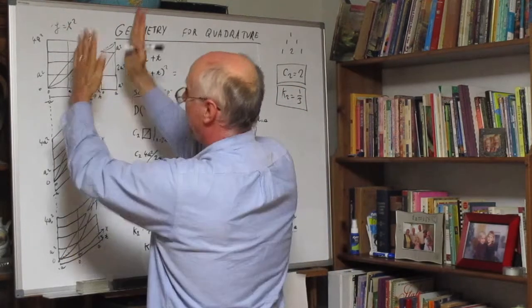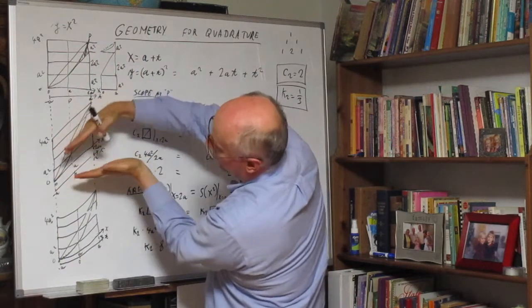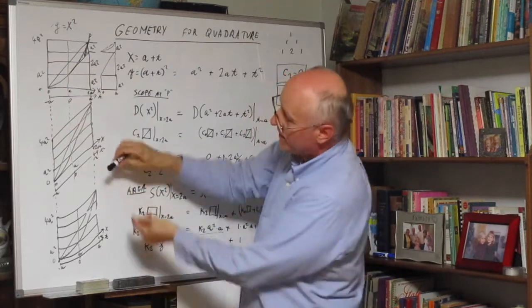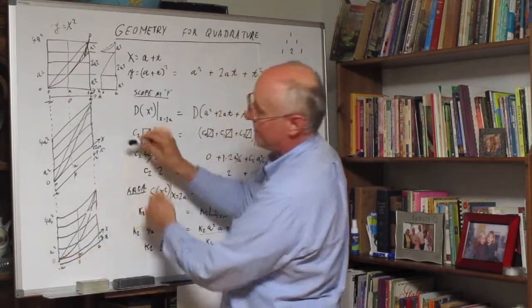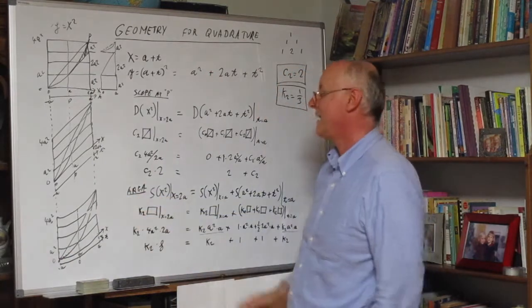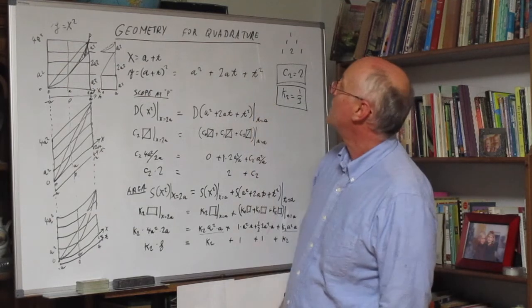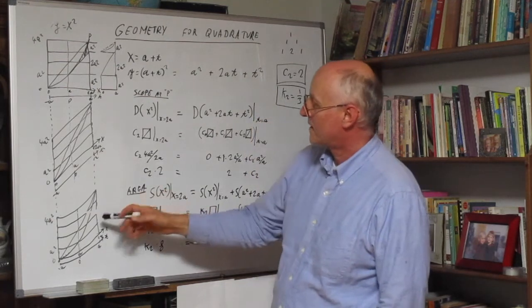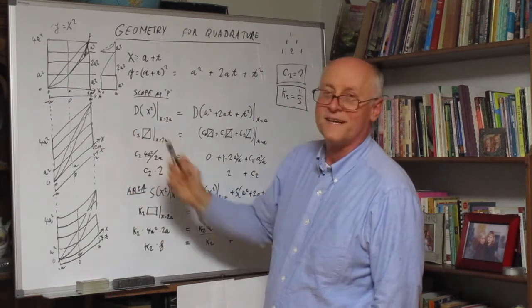You got straight parallelism this way, and then you got parallelism this way. You can see that. Here it's curved parallelism, and that's the kind that I think we need for geometry for quadrature. This kind of a curved version of the affine geometry.